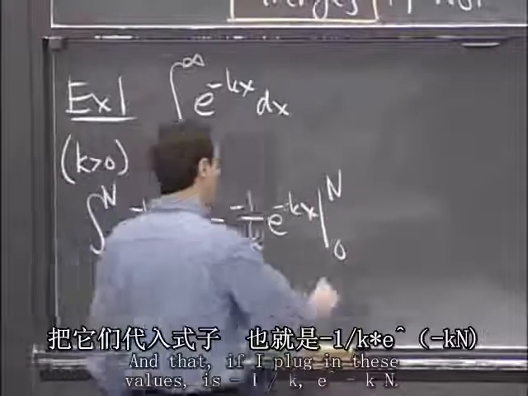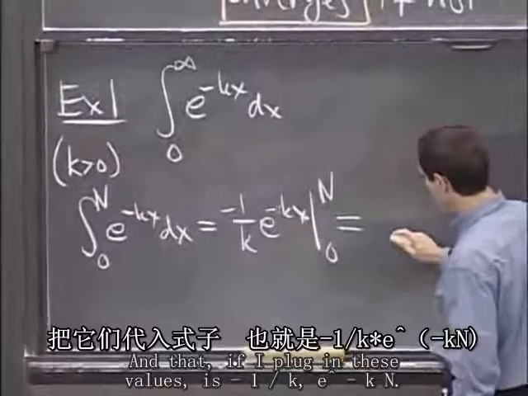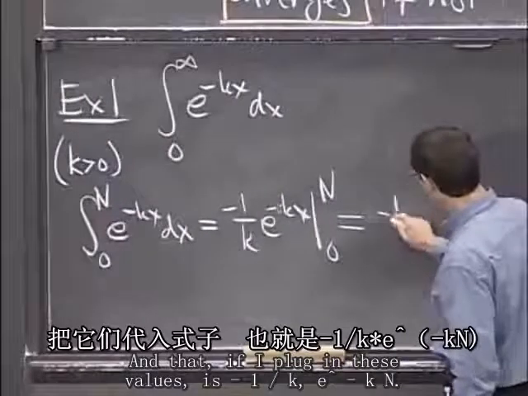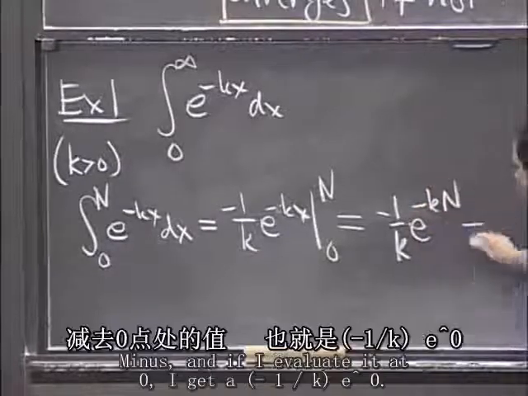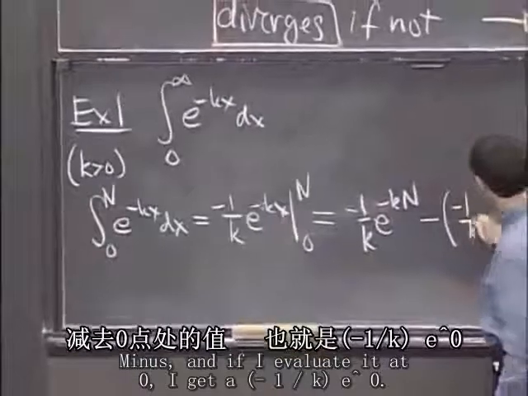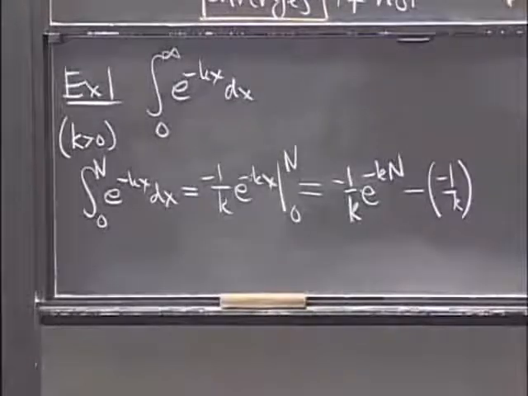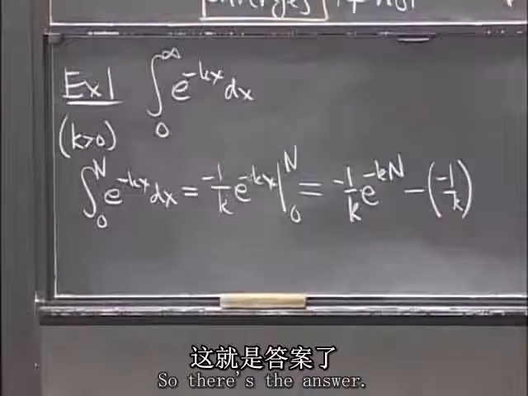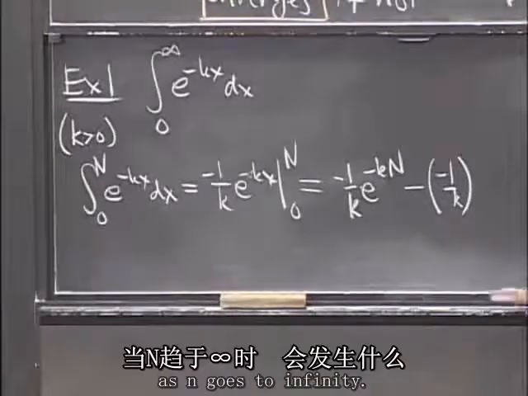If I plug in these values, that is minus 1 over k e to the minus k capital N minus, and if I evaluate it at 0, I get a minus 1 over k times e to the 0. All right? So there's the answer. And now we have to think about what happens as n goes to infinity.